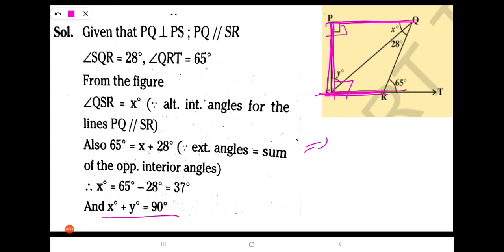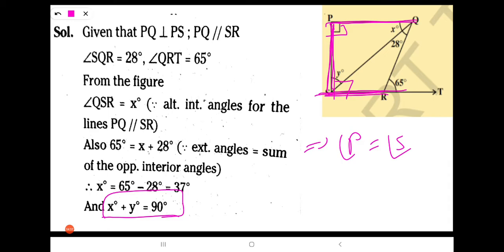Angle P is equal to angle S. So X plus Y is equal to 90 degrees.